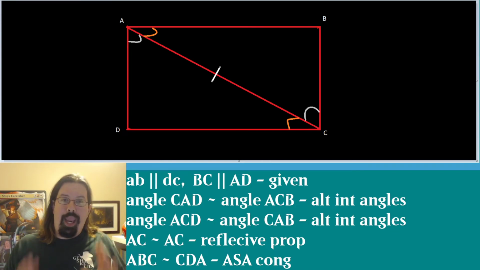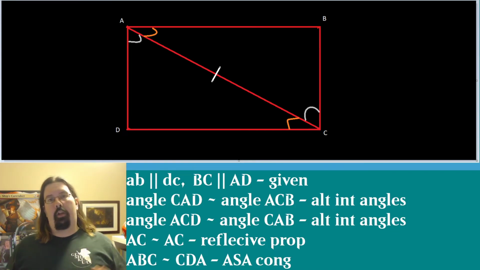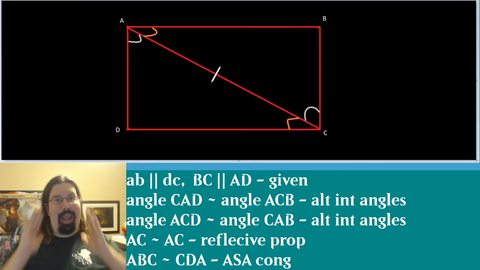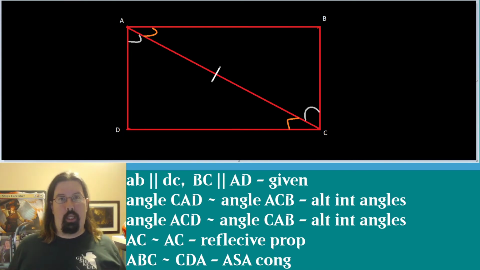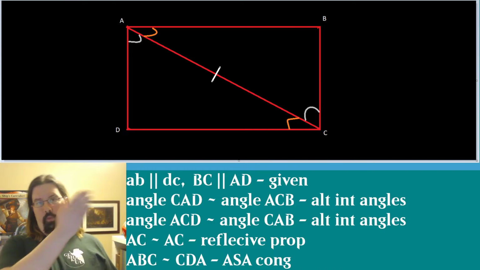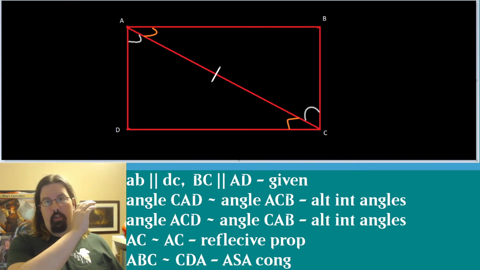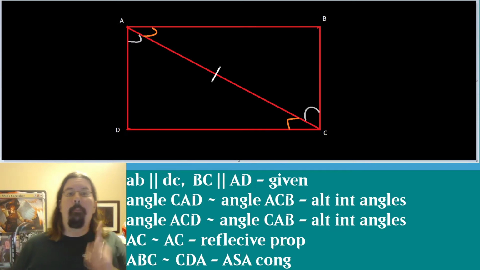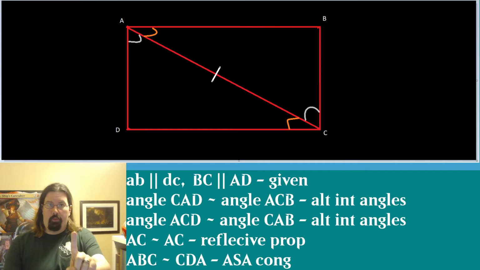The order that the letters come in on congruencies matters. When you're looking at those angles, CAD, look at the first angle, CAD. That is the angle on vertex A. The middle letter is the vertex.